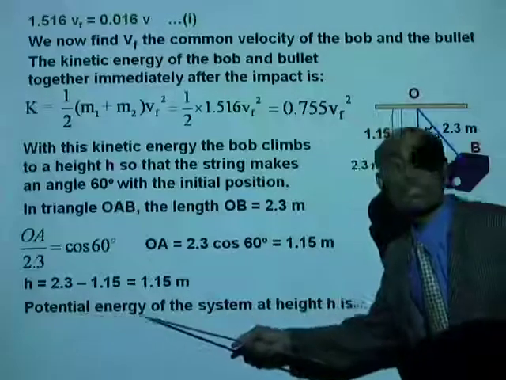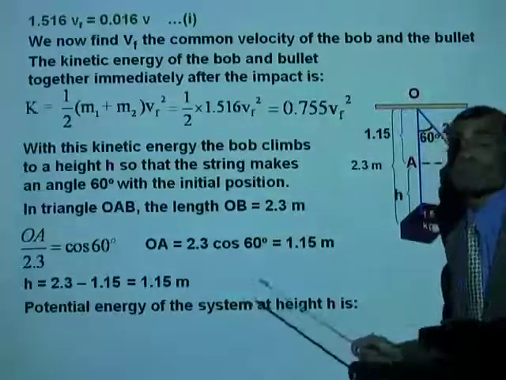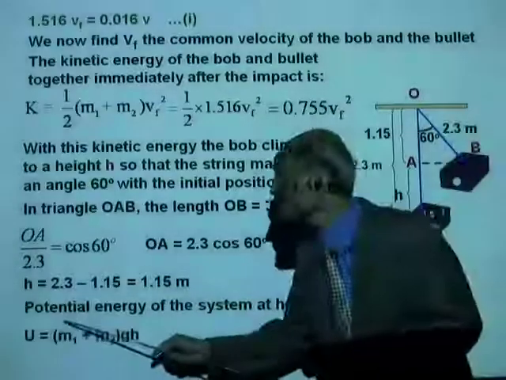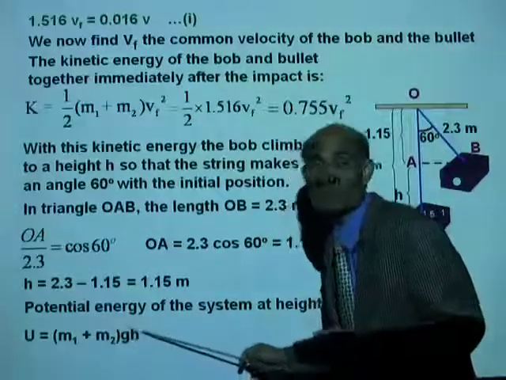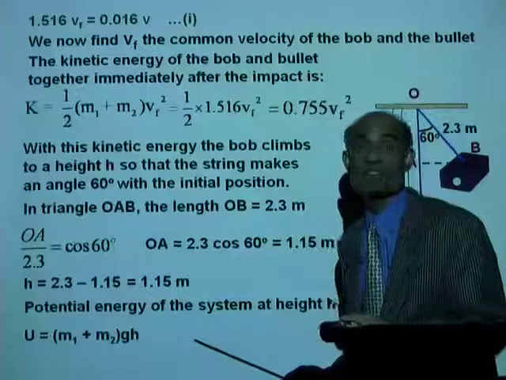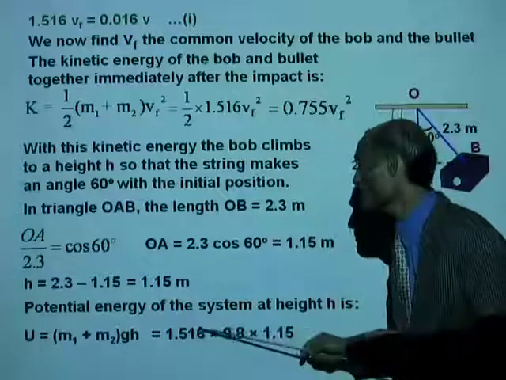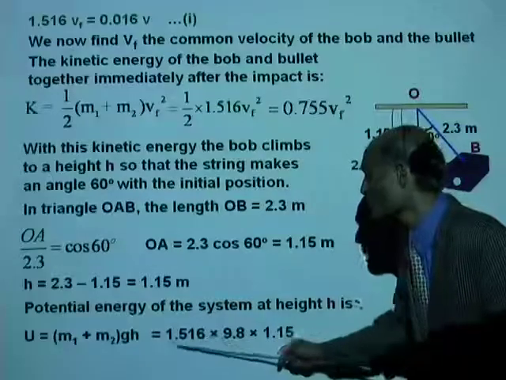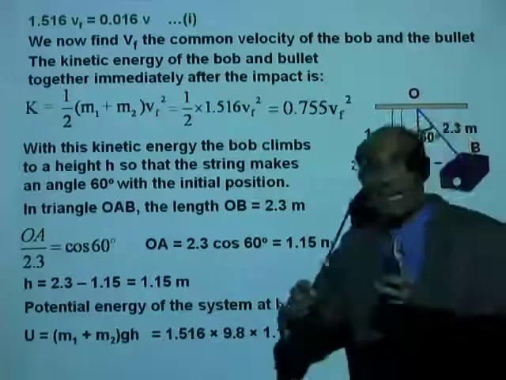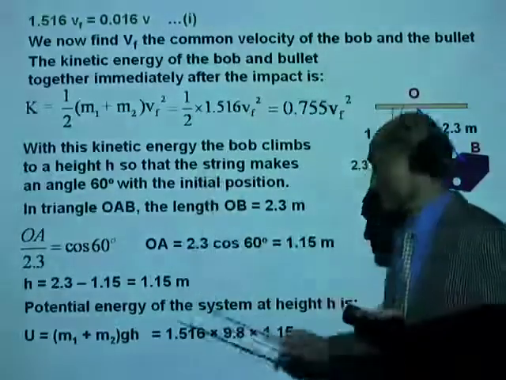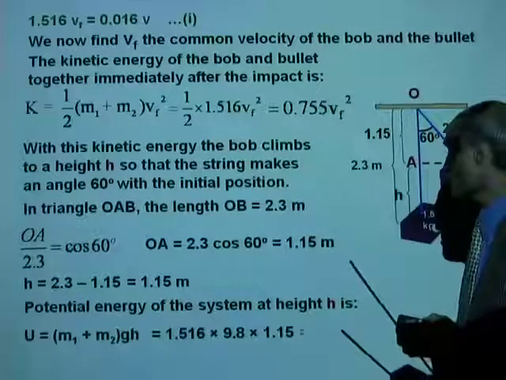What is the potential energy of the system? The potential energy of the system is the total mass (m1 plus m2) times g times h, and that is 1.516 kilogram, the total mass, times g times h, the height to which the system rises, 1.15 meter.